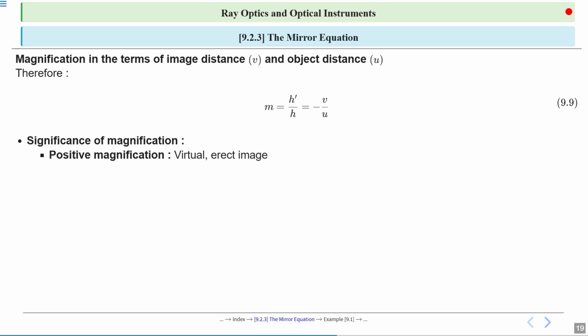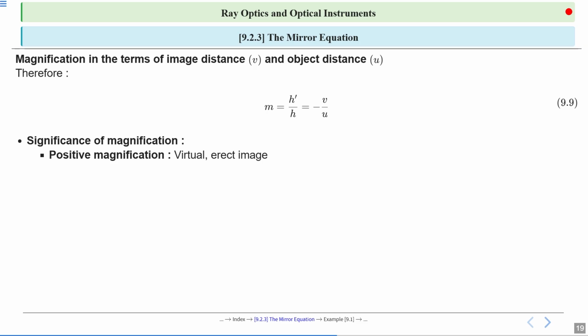But if the object is above the principal axis and the image formed is inverted, that means magnification is negative, and that inverted image is real. I am considering with respect to the principal axis.